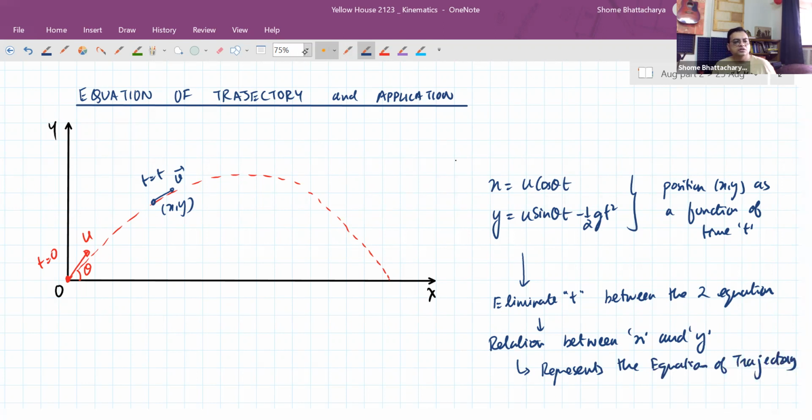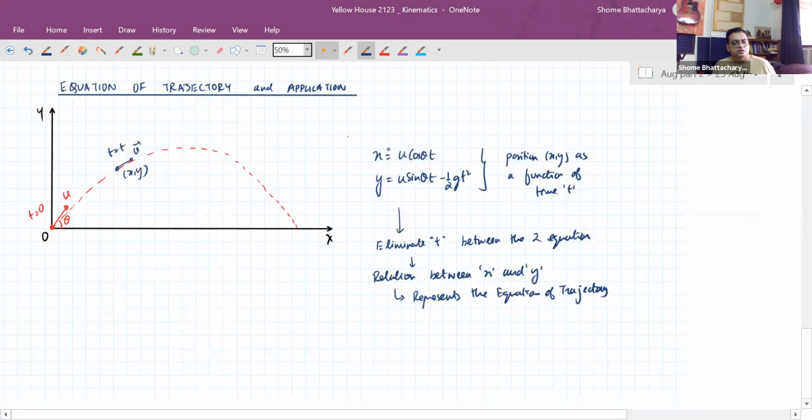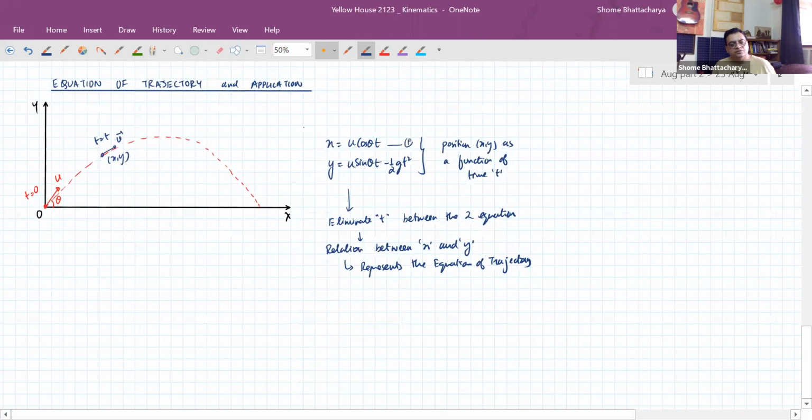So by doing this operation, from the first term, we can take t as x upon u cos theta. And now we substitute in the second equation.